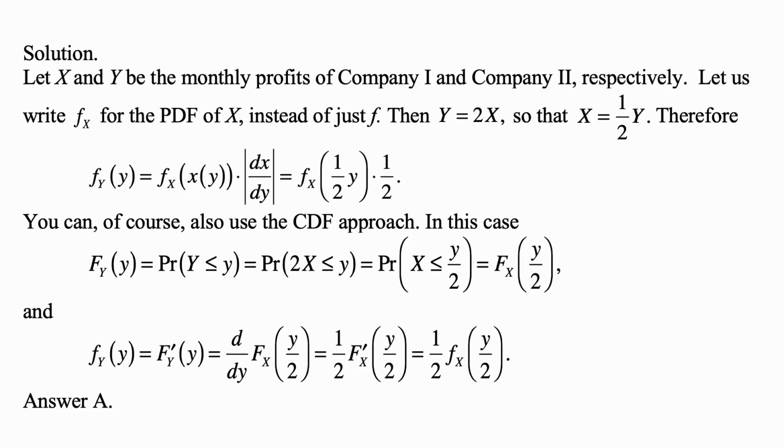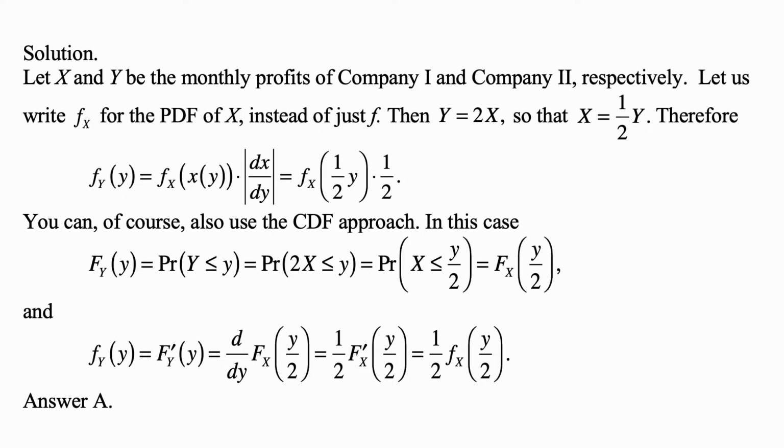And you should know this formula, that the density of a transformed random variable, f sub y of y, is equal to f sub x evaluated at x that corresponds to that y, times the absolute value of the derivative of the inverse function of the transformation, so times the absolute value of dx over dy.